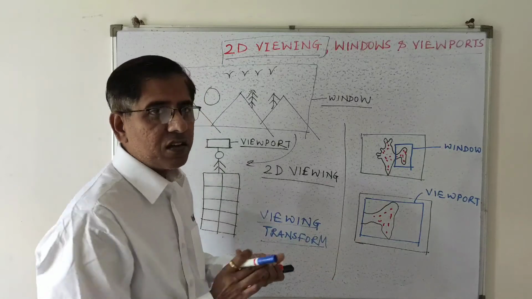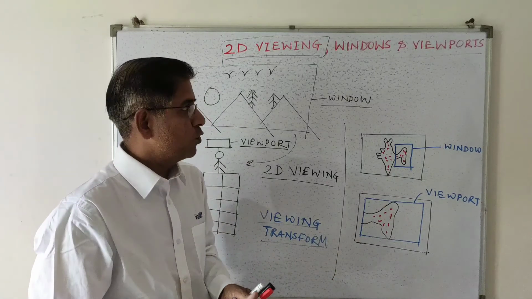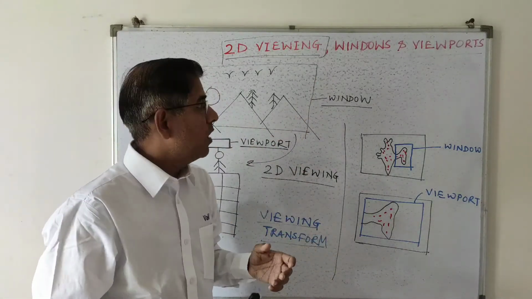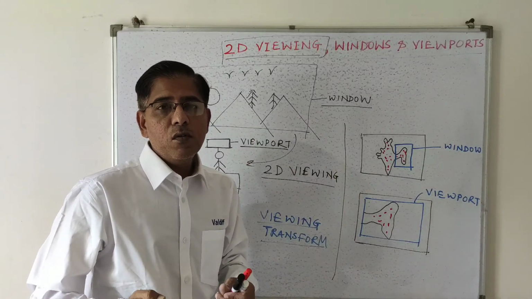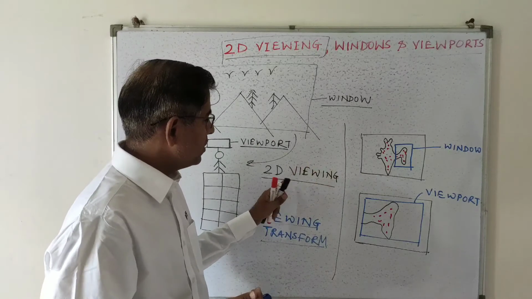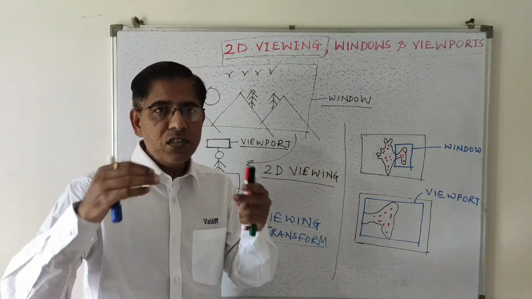So I hope you understand the concept of 2D viewing and what a window and a viewport are. The window is the rectangle which includes the scene or picture which you want to zoom in or zoom out, and the viewport is the rectangle in which you want to see it.